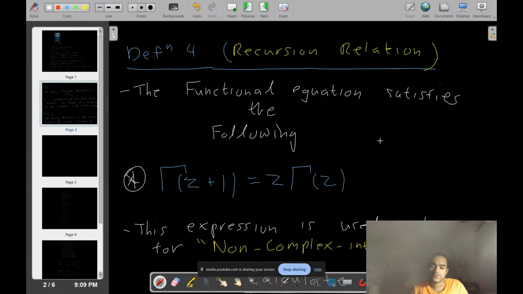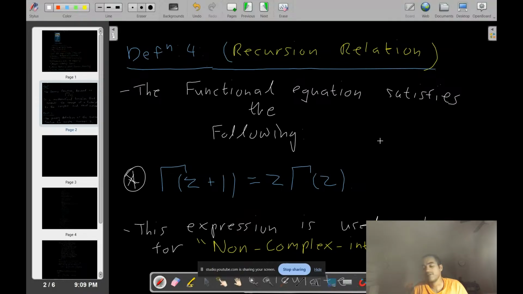If you want to learn functional equations, I can always give you resources. It's just a phrase I put in because it's accurate, because the gamma equation below is a functional equation. A functional equation satisfies the following: gamma of z plus 1 is equal to z times gamma of z.